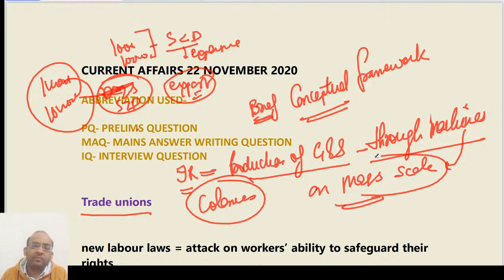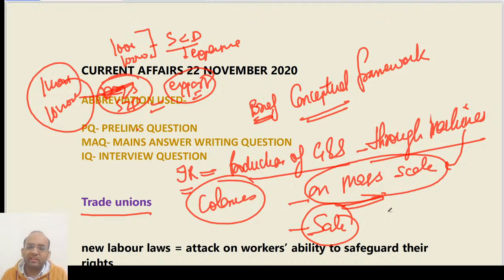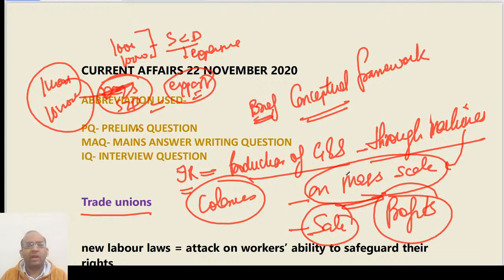If the production is on mass scale, and the sale of the goods is on mass scale by taking the advantage of exports, then there would be profits on mass scale, isn't it? A large size profit you would get from production through machines. So earlier maybe you were earning suppose rupees 1 lakh, but now through machines you would earn rupees 100 crore.